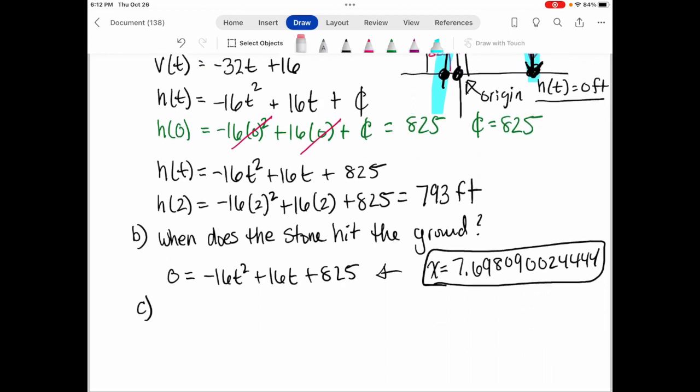So part C of this question says, what is the velocity of the stone when it hits the ground?